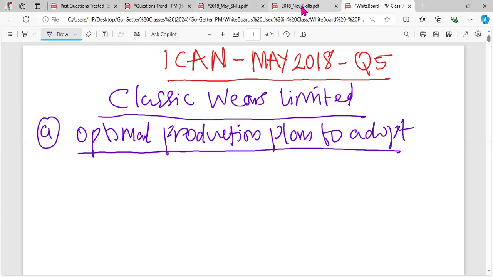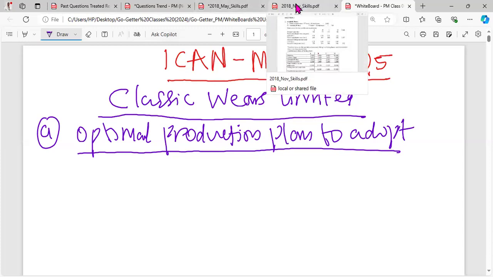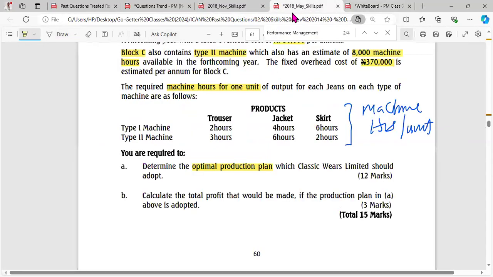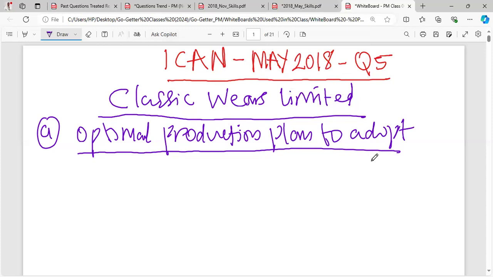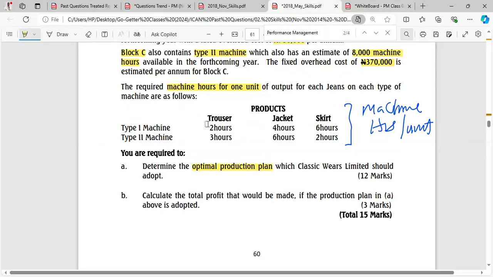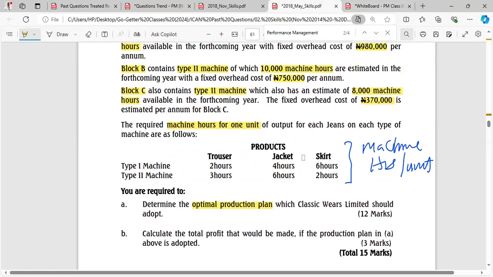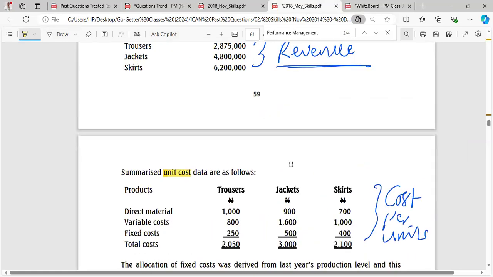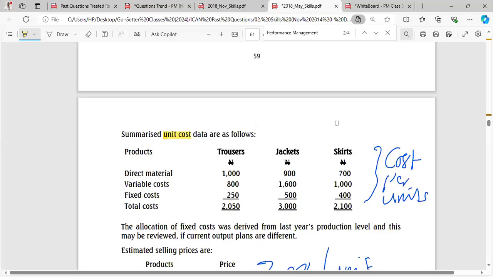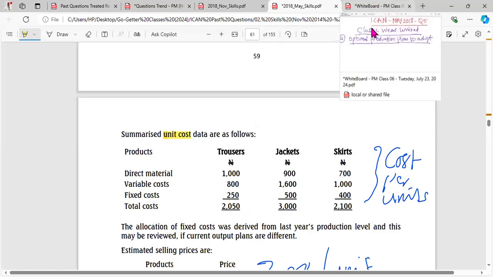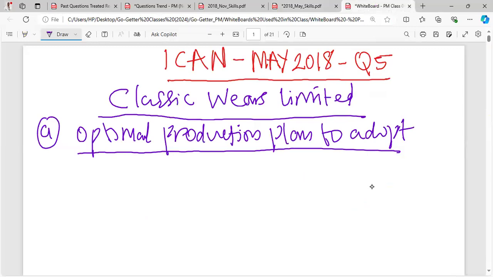Contribution per unit. How do we get contribution per unit? So our first step is to get contribution per unit. I will first of all bring the names of the trousers, jacket, and skirt. So let me start here.